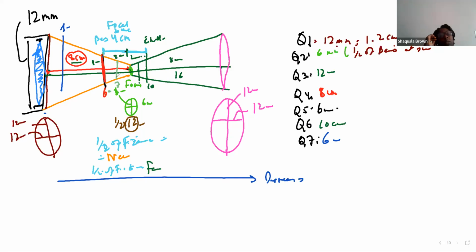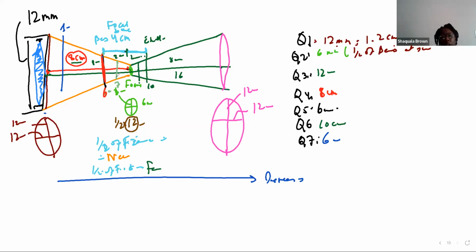So the focal point is at a depth of 8 centimeters. And then after it leaves the focal point, it goes to 9 and 10, and the number increases, because then the beam is widening out, right?